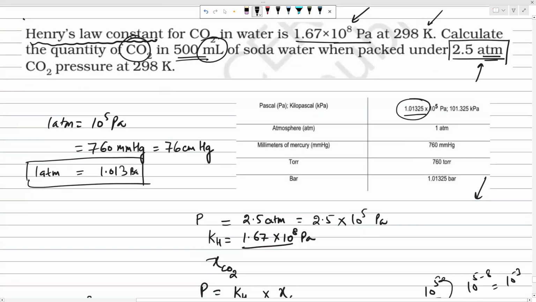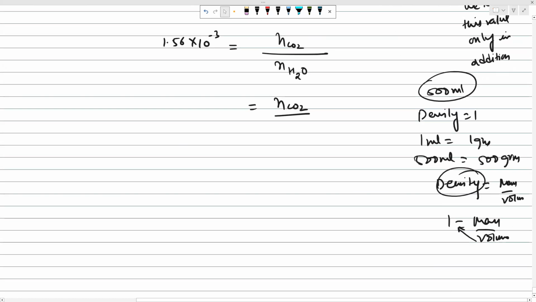It is 500 grams. Now I told you that in 1 liter or 1000 gram, the number of moles of water is 55.55 moles. So how many moles are there in half a liter of water? That will be half of this.